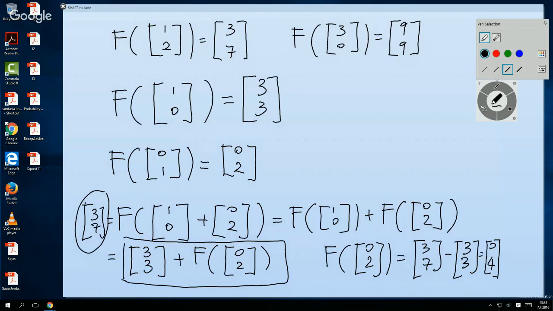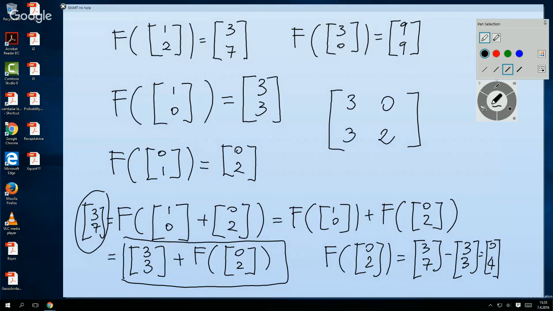So, ladies and gentlemen, the matrix, and here it will be revealed, is what? The first column is 3, 3. The second column is 0, 2.